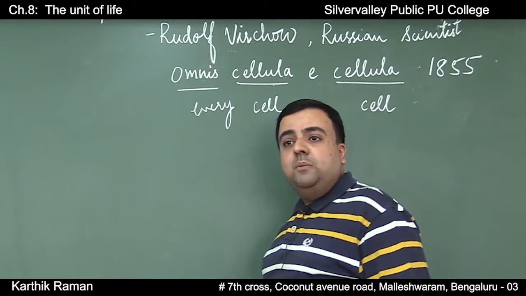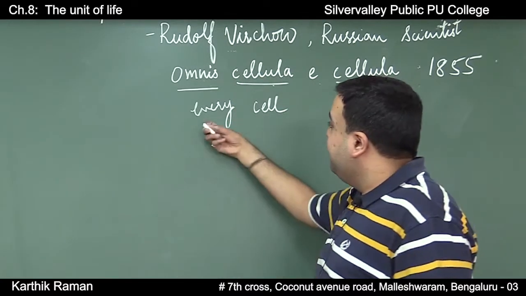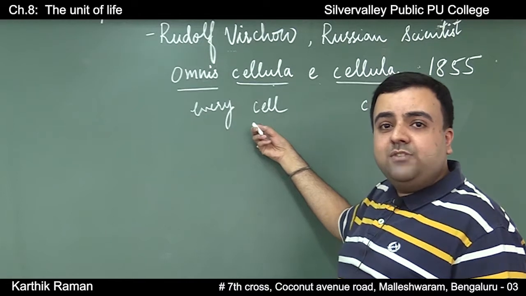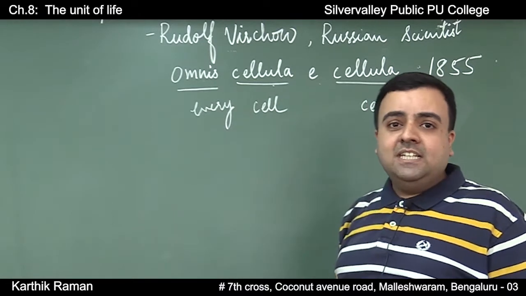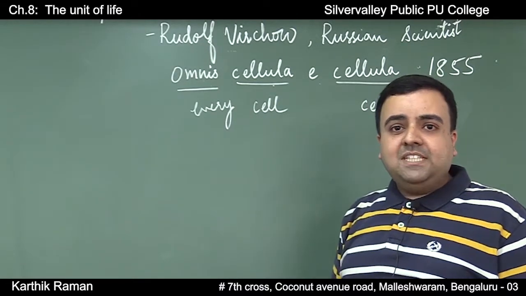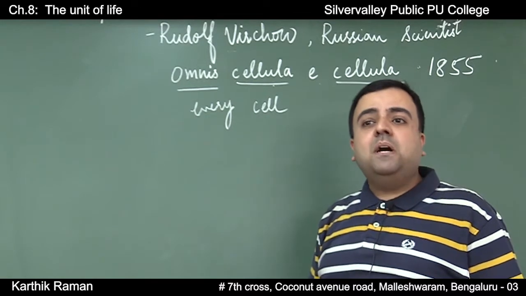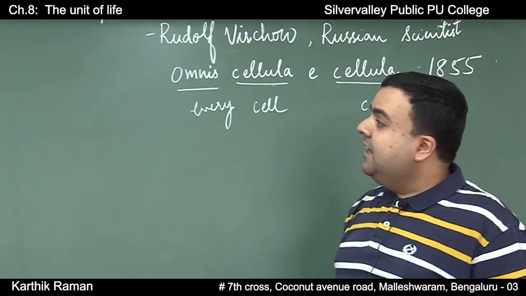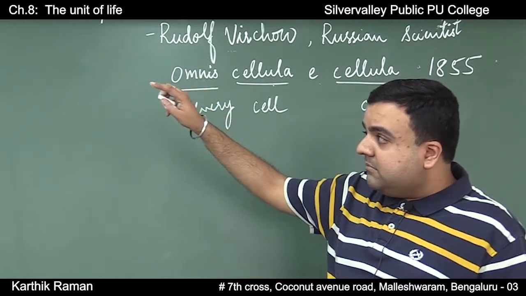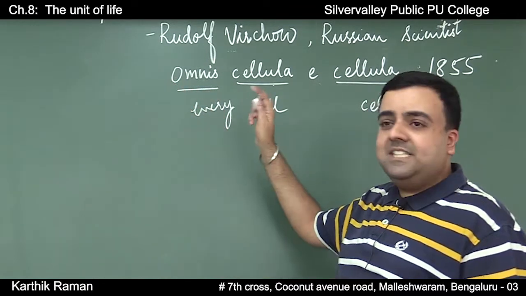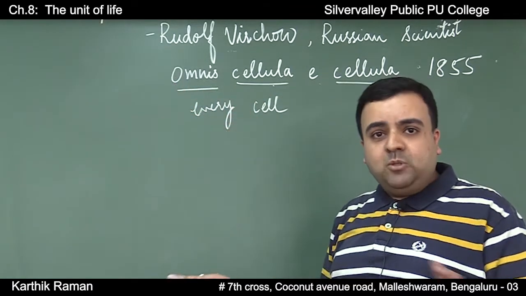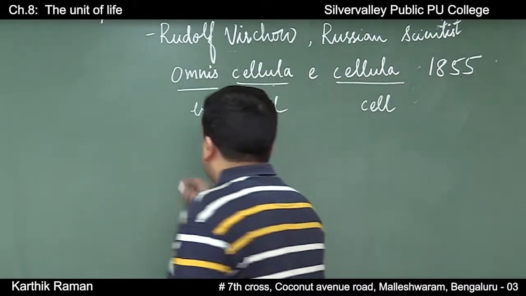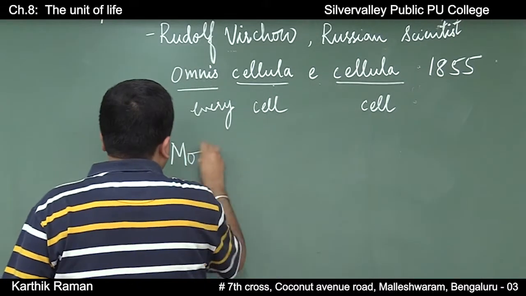So Rudolf Virchow proposed that every cell is going to arise from a pre-existing cell, and the common ground for all these three scientists came together and they proposed what is known as the modern cell theory.